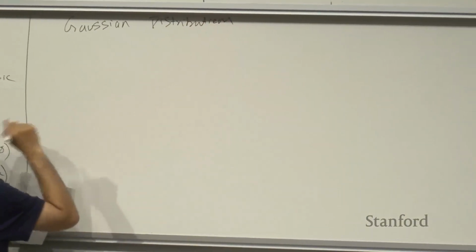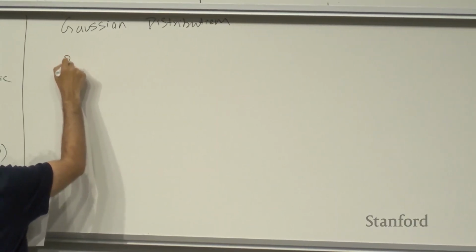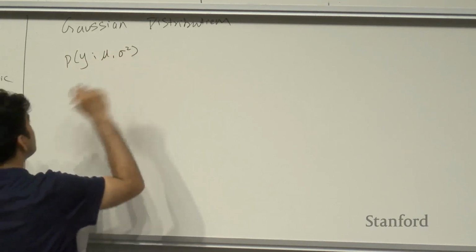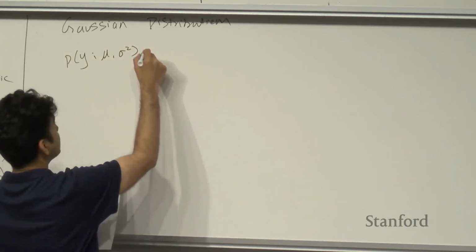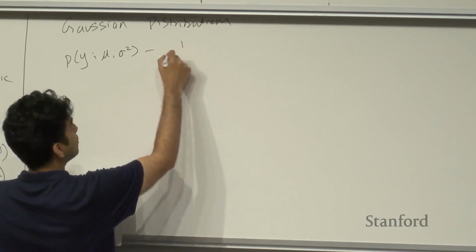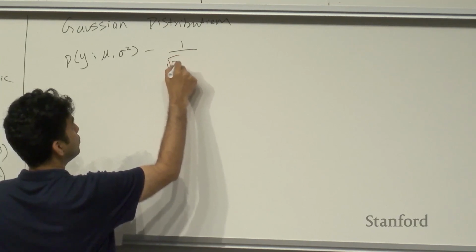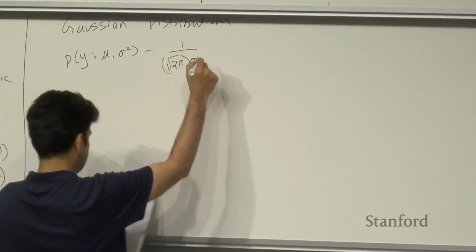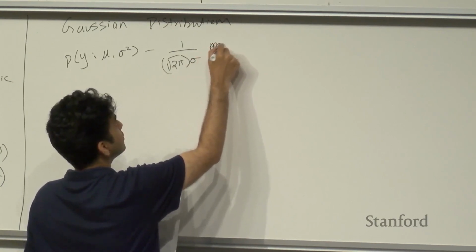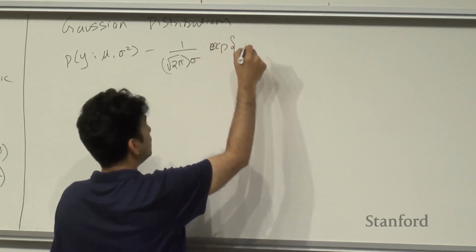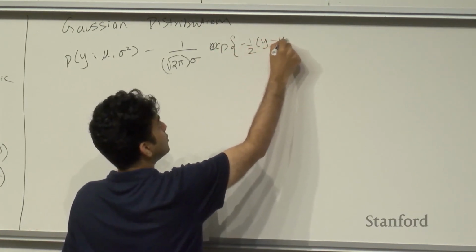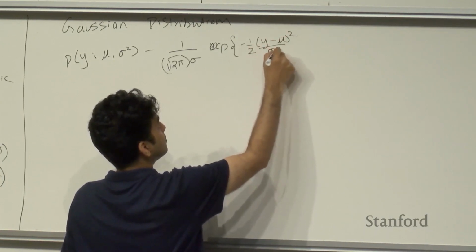Right? So the Gaussian distribution has the form P of y given mu comma sigma square. Now we are just considering the univariate Gaussian, not the multivariate, and this will be 1 over square root of 2 pi times sigma, exponent of minus half (y minus mu) square by sigma square.